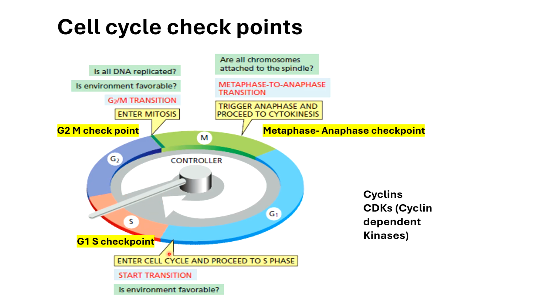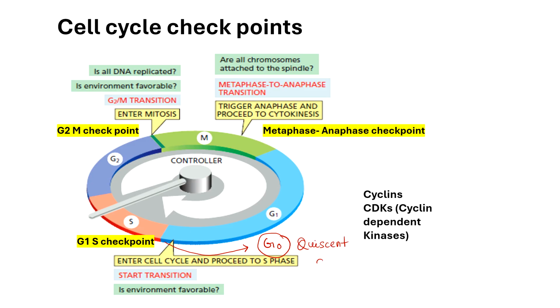Okay, so there is an important point. There are some cells which do not pass this G1S checkpoint. They tend to remain quiescent, or they tend to not divide. So they enter what is called the G0 phase, or the quiescent stage.